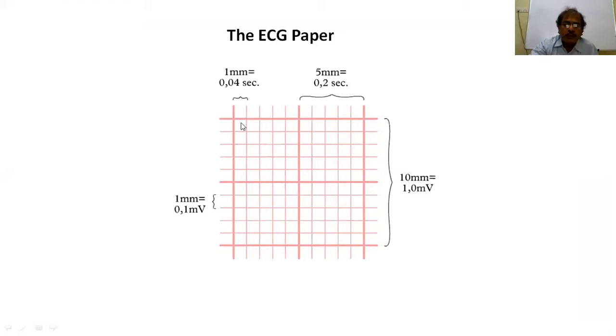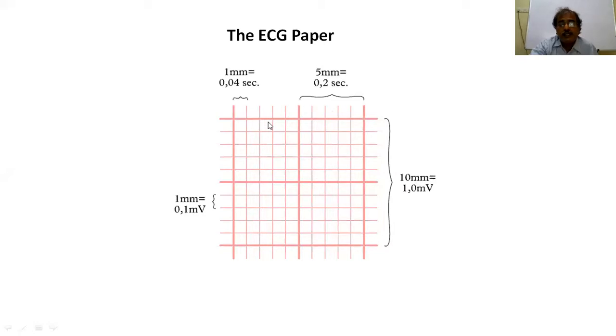For the small box, the time in milliseconds: this small box is 1 millimeter, and that is equal to 0.04 seconds. If we consider these 5 small boxes, then this is 5 millimeter and the time taken is 0.2 seconds. This is the speed, that means 25 millimeter per second.